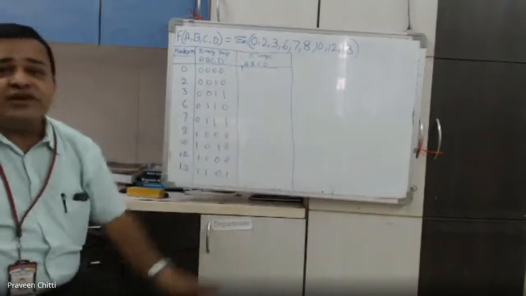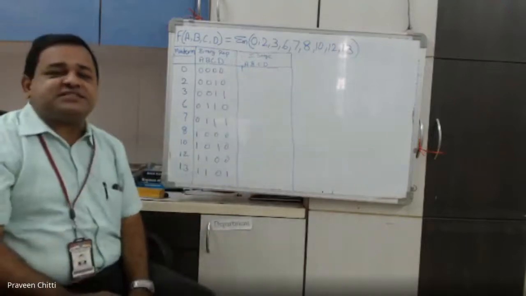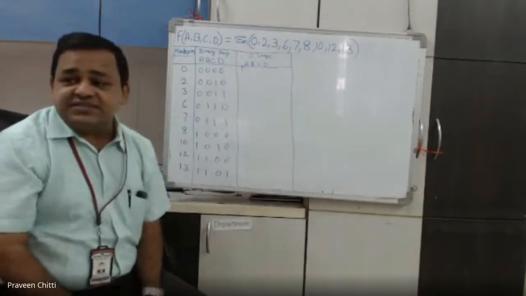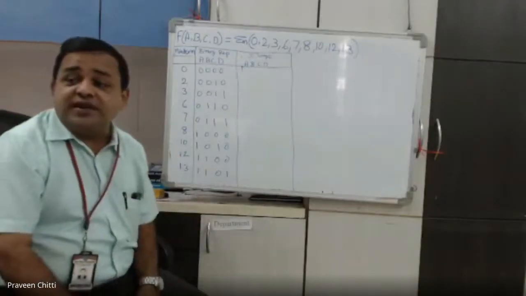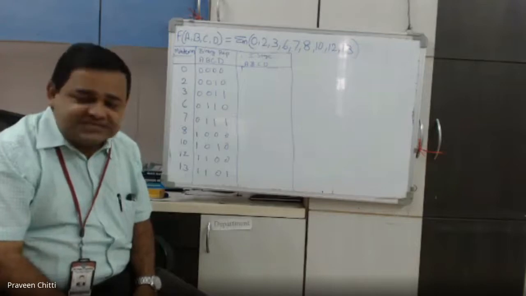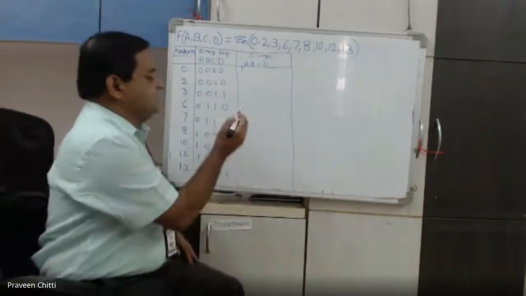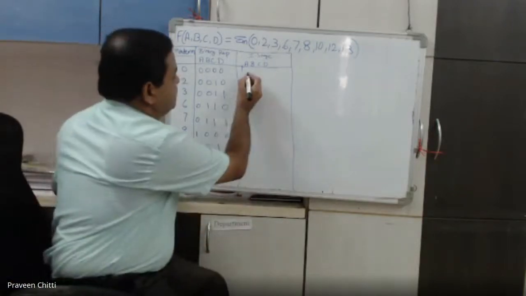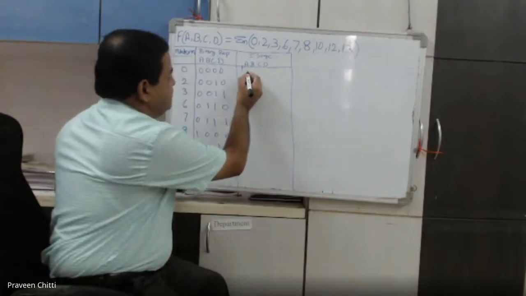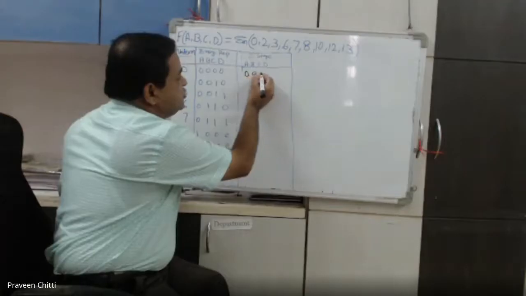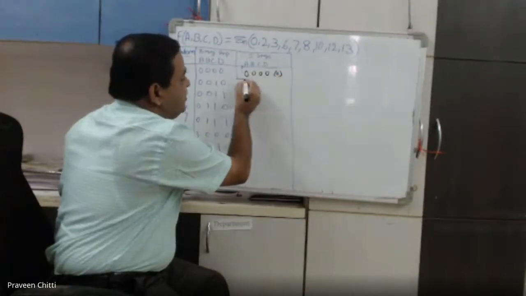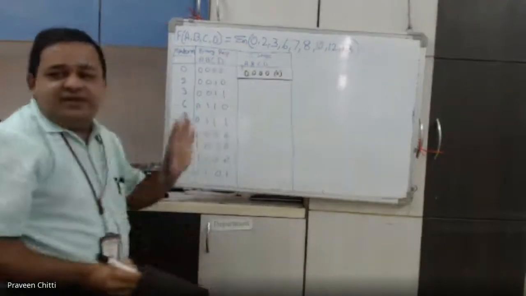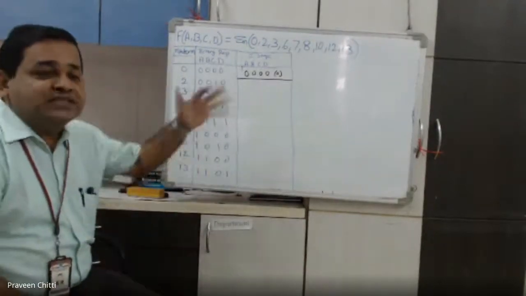Now, from here onward, your actual Quine-McCluskey method starts. What you need to do in the first stage is arrange these min terms according to the number of ones present. What should I write first? 0, 0, 0, 0, which is min term 0, and this will be one group, with no ones present at all.